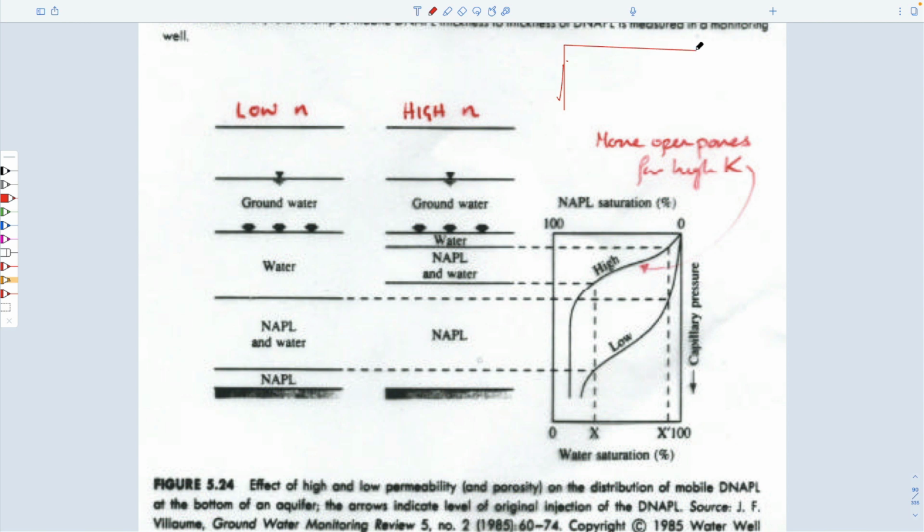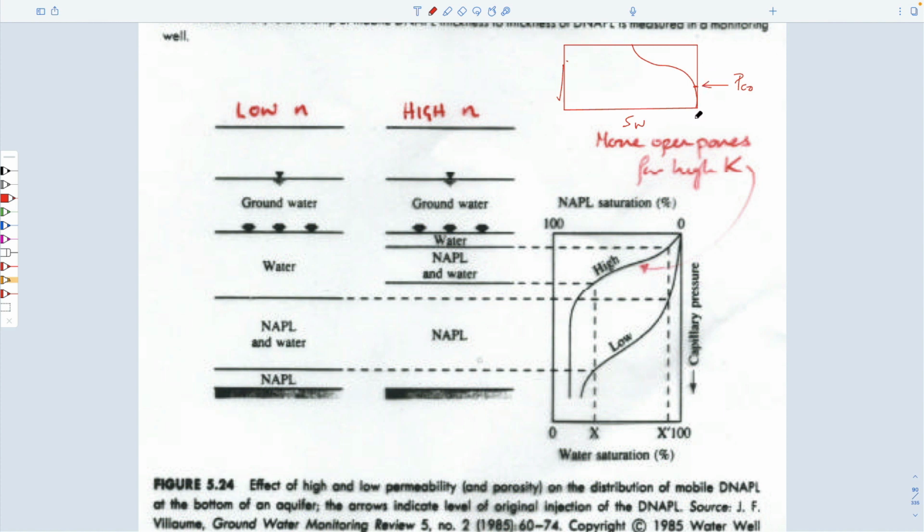it's below here. We know that this bubbling pressure here versus saturation. We know that this bubbling pressure represents the first bubble of air or NAPL that gets into the system.